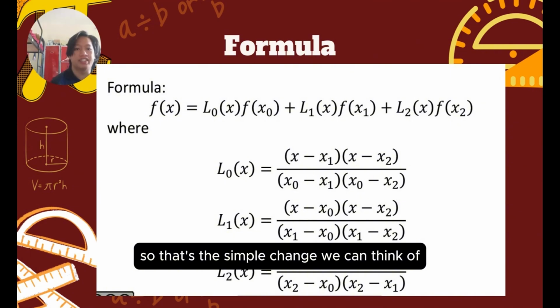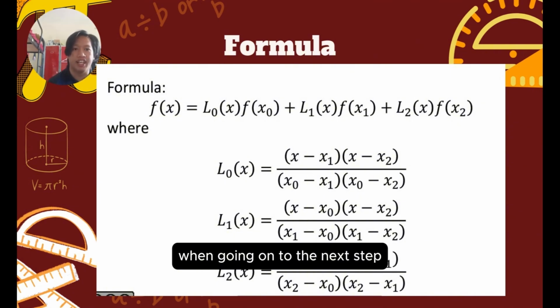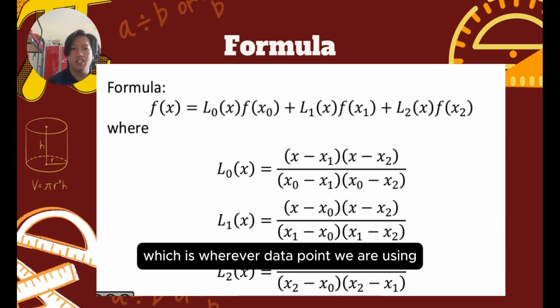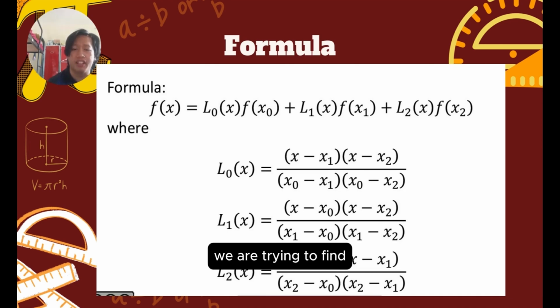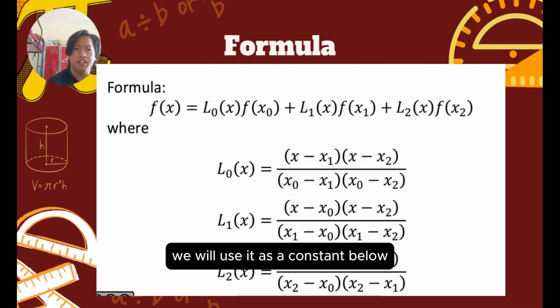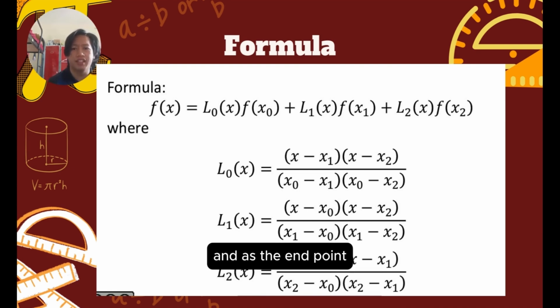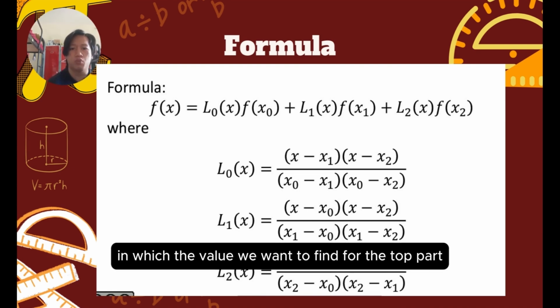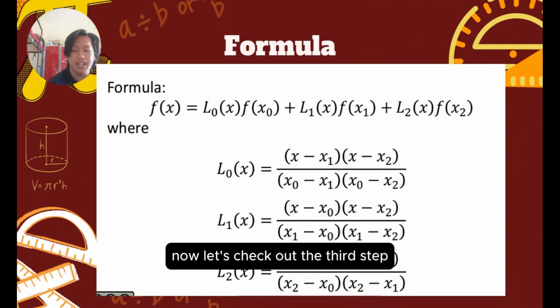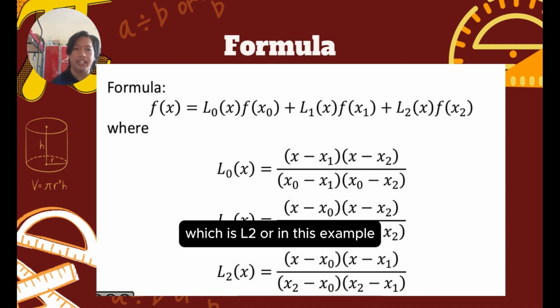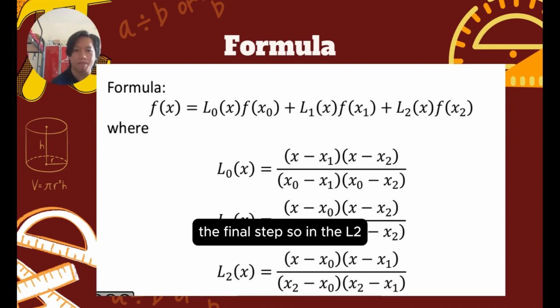So that's the simple change when going on to the next step: whatever data point we are using, we use it as a constant below, and as the endpoint for the value we want to find in the top part. Now let's check out the third step, which is L2, or in this example, the final step.